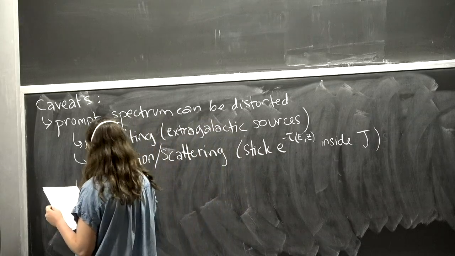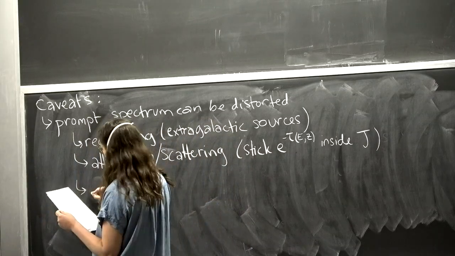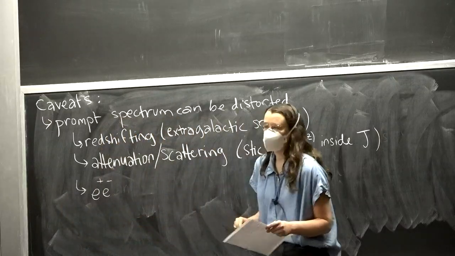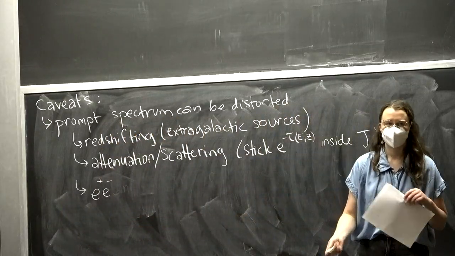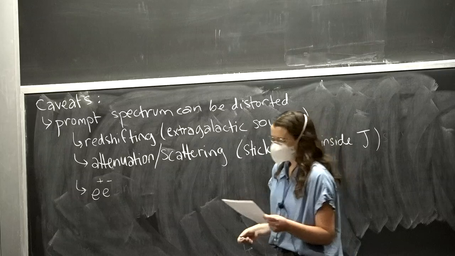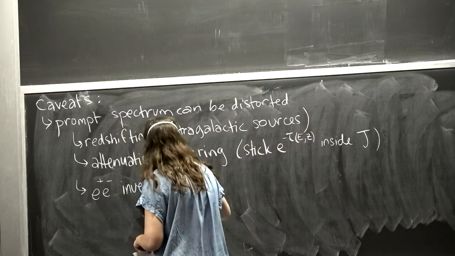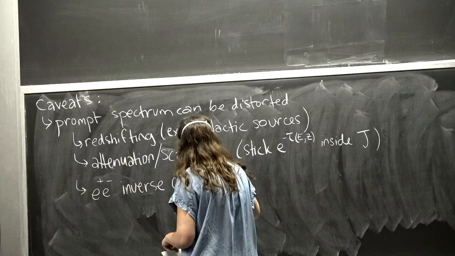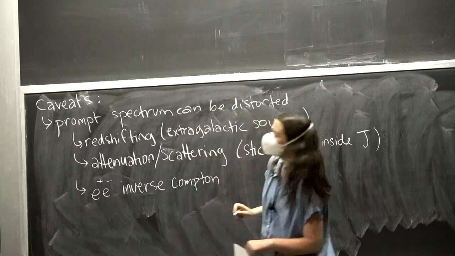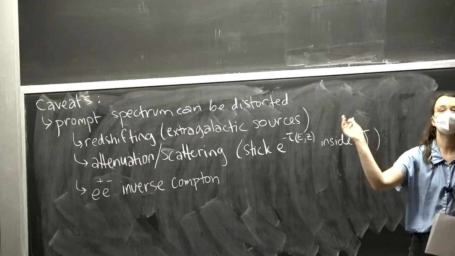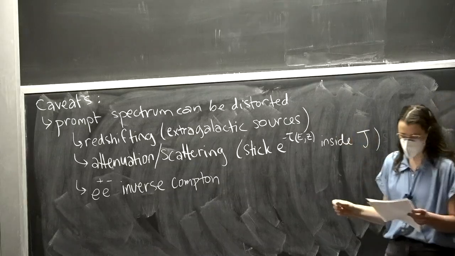The most annoying one to deal with is if you have any e plus e minus produced in your final state, either promptly or from showers, then they can do inverse Compton scattering, where they take some low energy light, like maybe starlight, and upscatter it into higher energies.